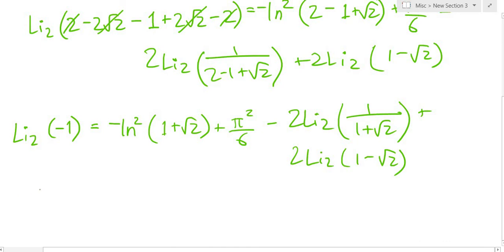Well, let me remind you what the value of dilogarithm of negative 1 is. It's basically negative pi squared by 12 because a negative dilogarithm directly relates to the Dirichlet eta function. I could probably show you in another video if you want, but I think it's pretty obvious.